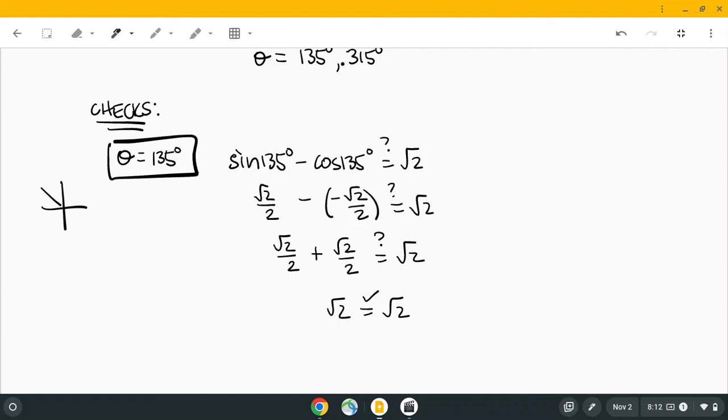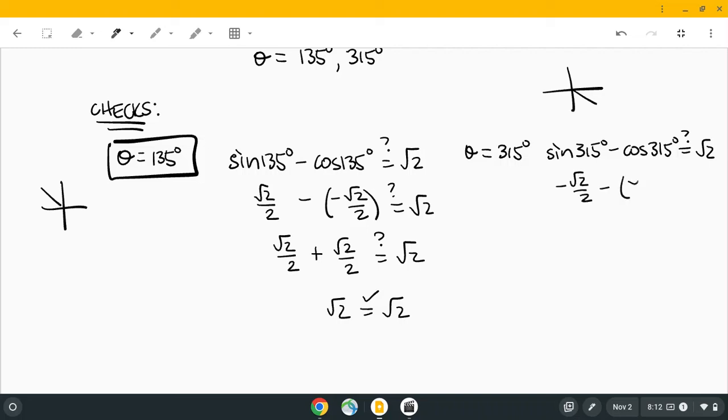Let's check the other one, 315 degrees. Sine 315 degrees minus cosine 315 degrees, does this equal square root 2? 315 degrees is here, so sine is going to be negative square root 2 over 2, and cosine will be positive square root 2 over 2.